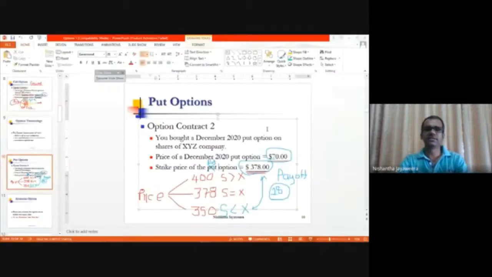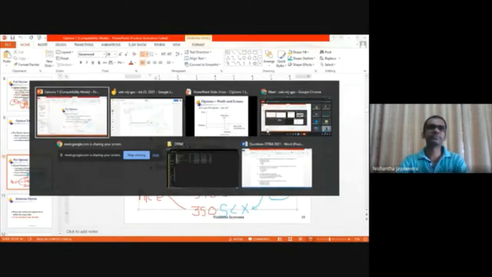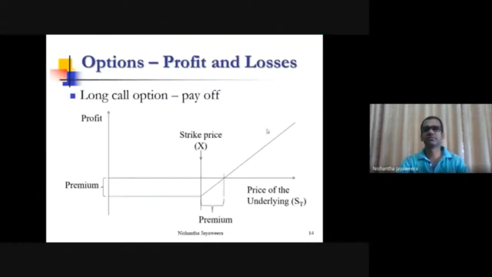That is given in this picture. So in summary, this is the profit diagram. If you do the payoff diagram, these are straight lines, and these two lines are parallel.